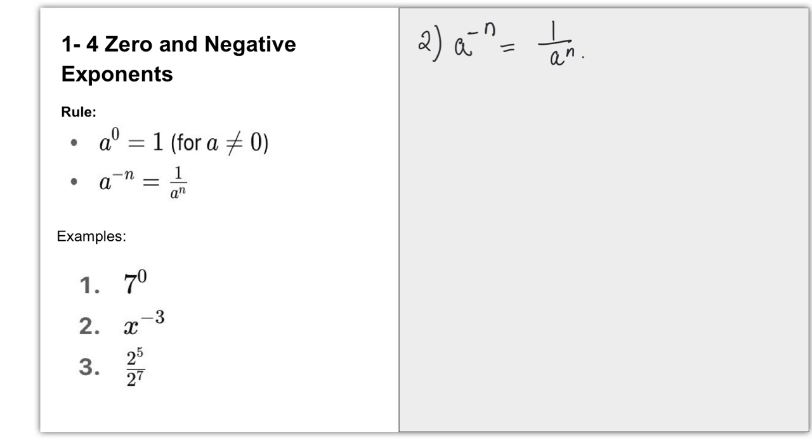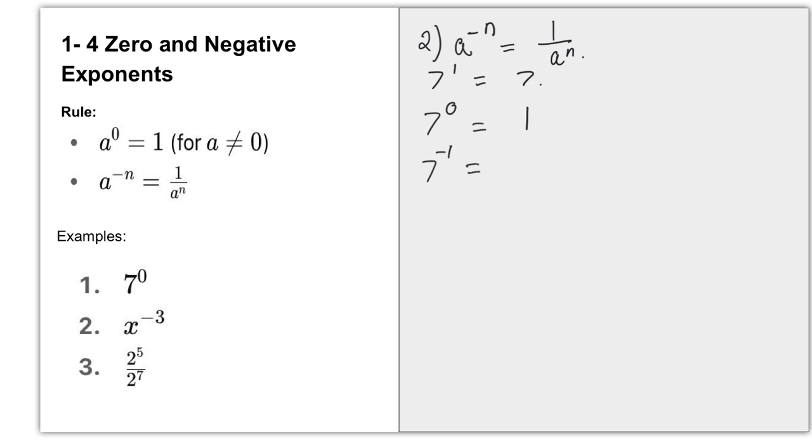So let's start with 7 raised to the 0 power equals 1. If I go from here, well, we start with 7 raised to the first power equals 7, right? And then go down, like, let's do division, right? So if we're dividing, then we're going to go backwards to negative 1.